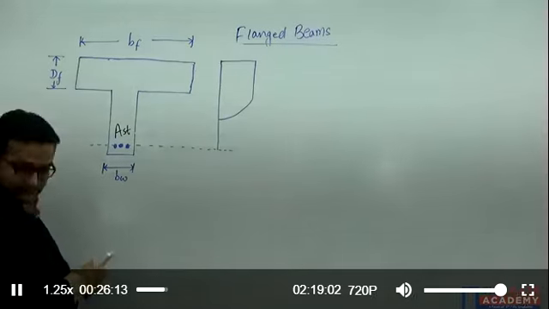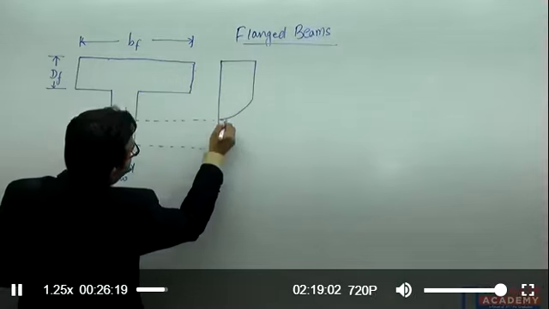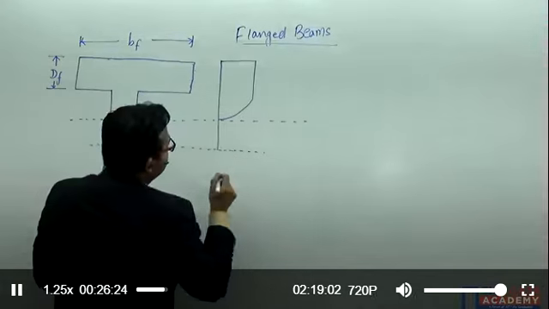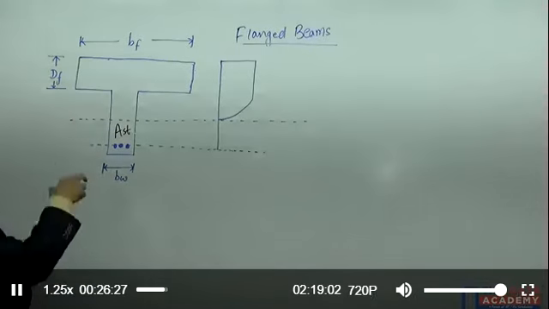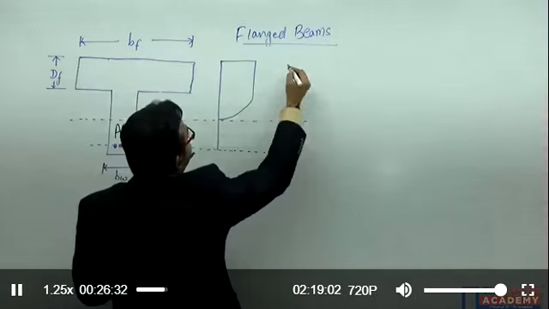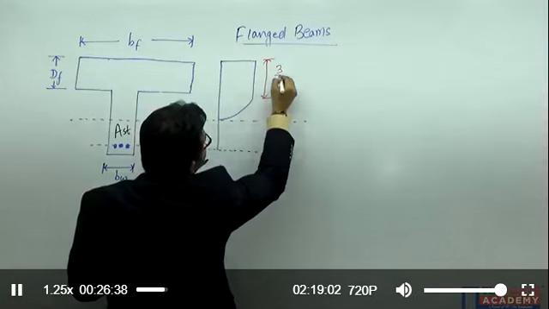Suppose this is the depth of the neutral axis, this is the depth of your flange, and this will be 3/7 of xu.